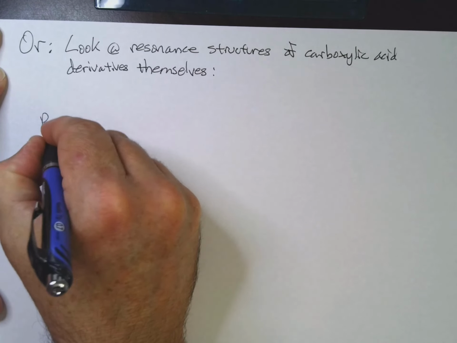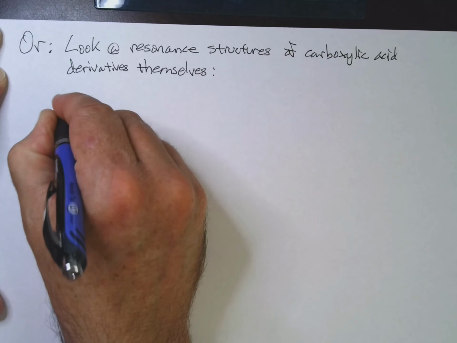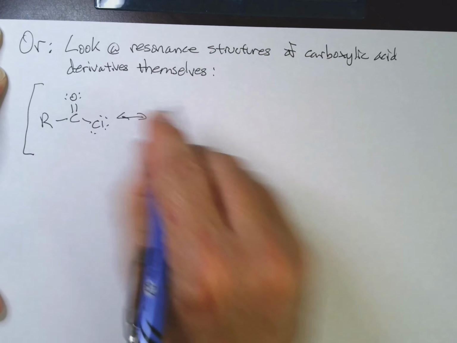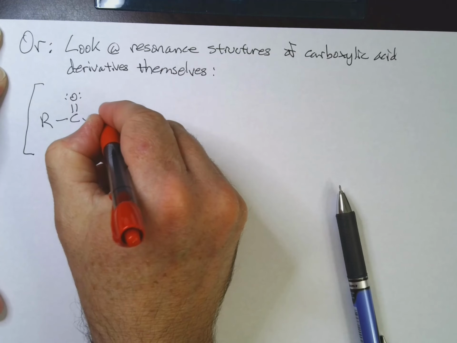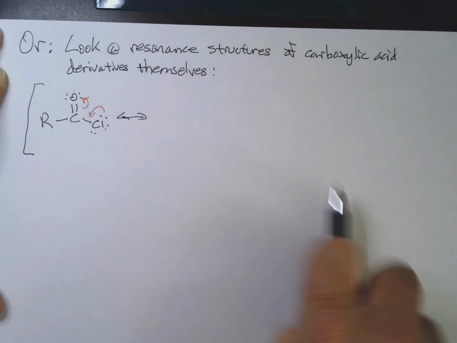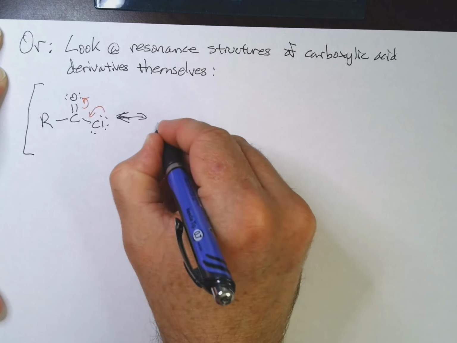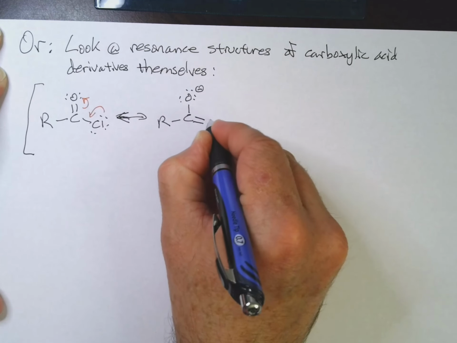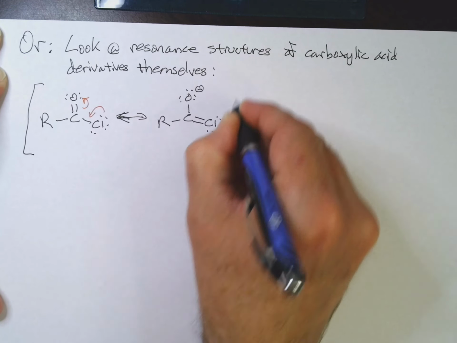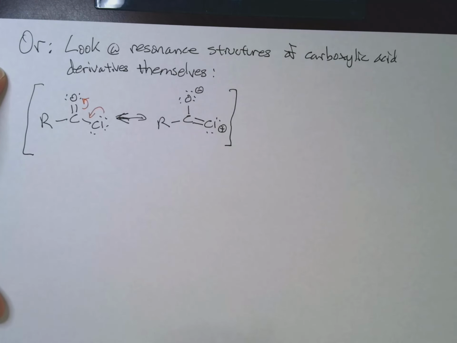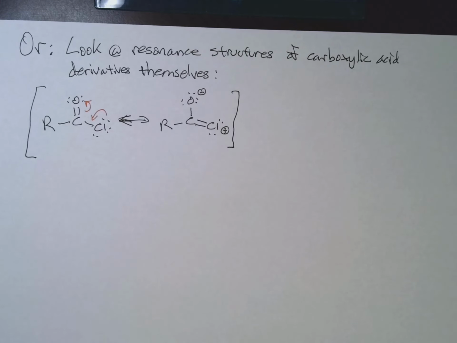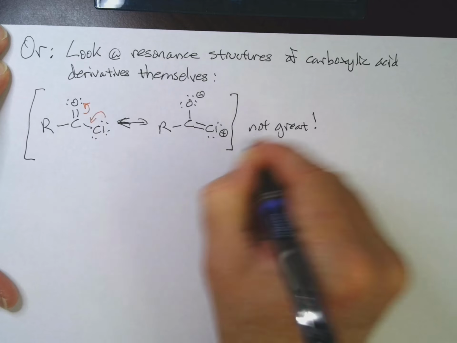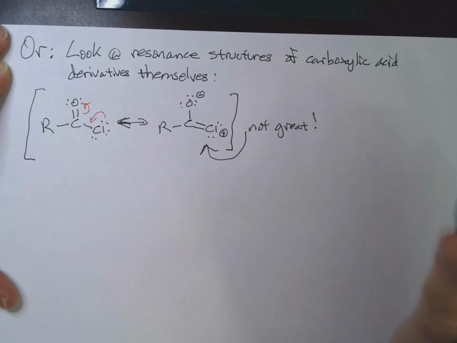And so we would have, let's say with our acid chloride, we'll go ahead and push some electrons around. We have a not very great looking resonance structure there. Not great. Why is it not great?